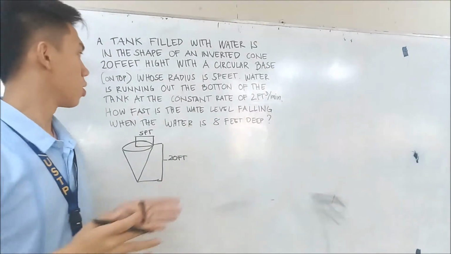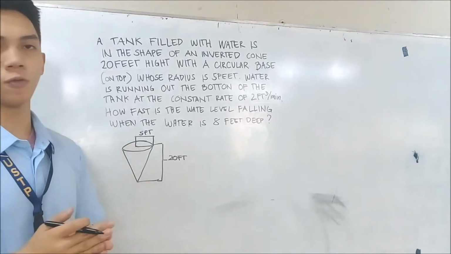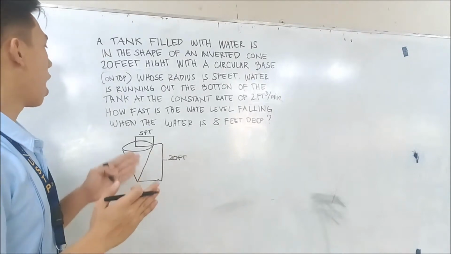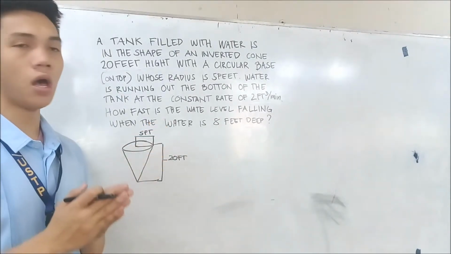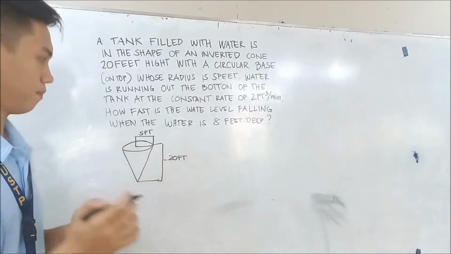Water is running out of the bottom of the tank at the constant rate of 2 feet cubed per minute. How fast is the water level falling when the water is 8 feet deep?